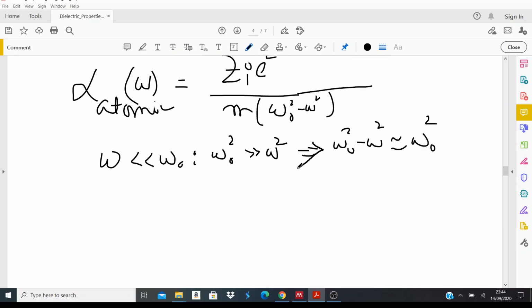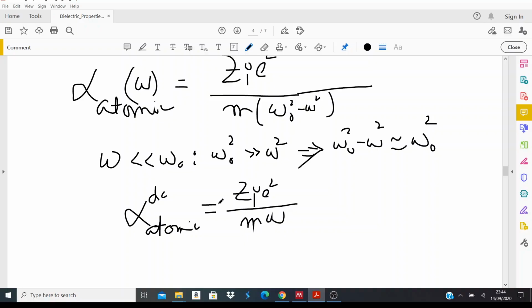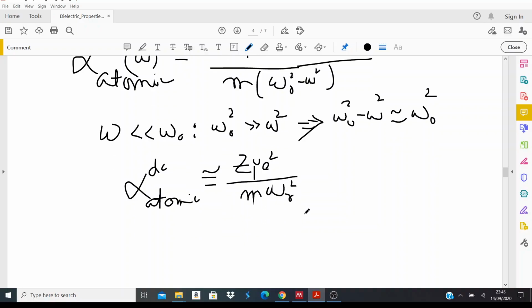And when we are operating much below the resonance frequency, it is usually known as the DC, because it's the very low frequency response of the polarizability. So you can think of this as a DC atomic polarizability, given by Z e square divided by, that's an approximation, m omega naught square, right?